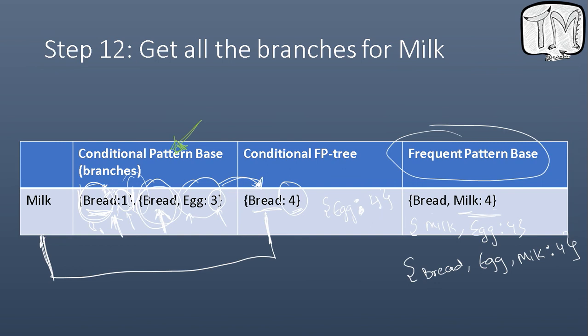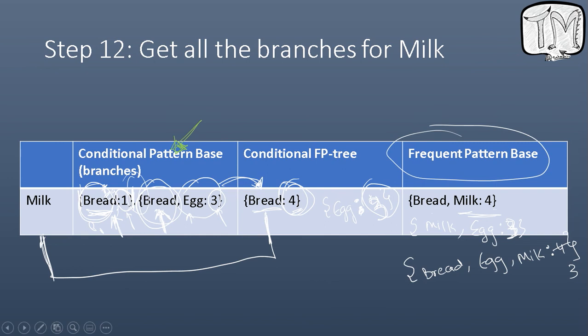But one more example just to give you more clarity. If we had egg as 3, okay, so definitely this will remain 4 because the bread and milk combination had 4, and milk and egg had 3, okay. In this set also, instead of 4 now we will keep 3, which is the minimum of this and this, because milk has appeared only 3 times and bread 4 times.